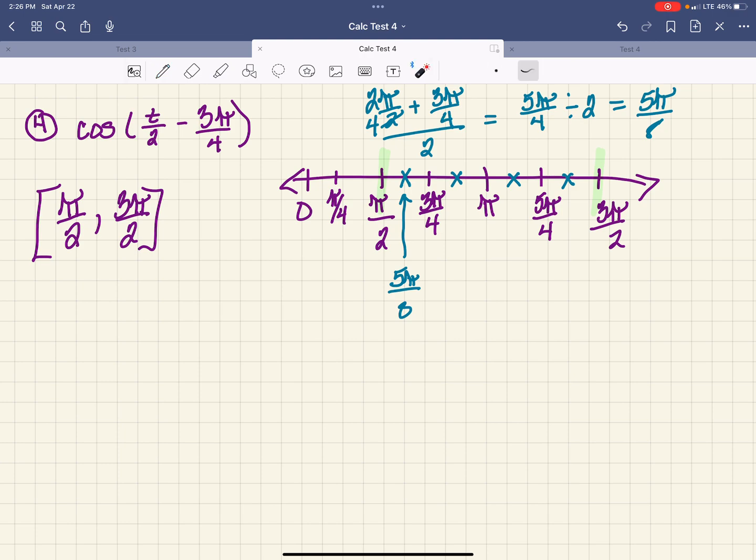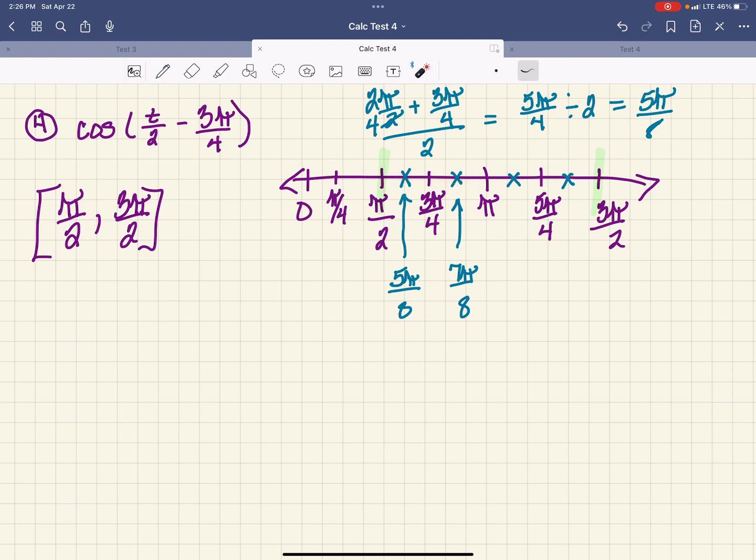If I think about pi over 2, I can think about that the same way as 4 pi over 8. This is 5 pi over 8, so that would be 6 pi over 8. So this subinterval is going to be 7 pi over 8, the midpoint of my second interval.